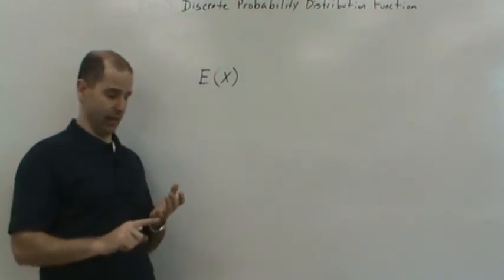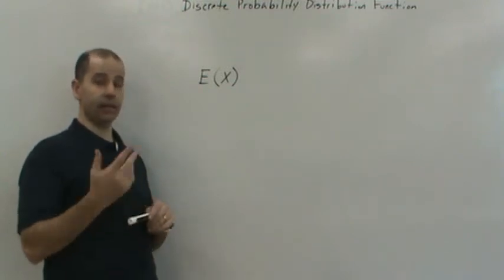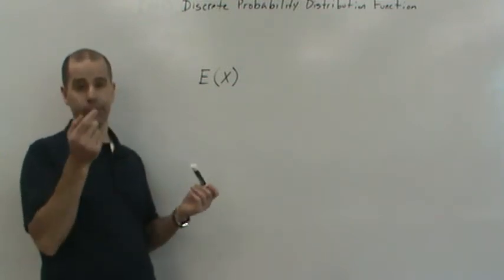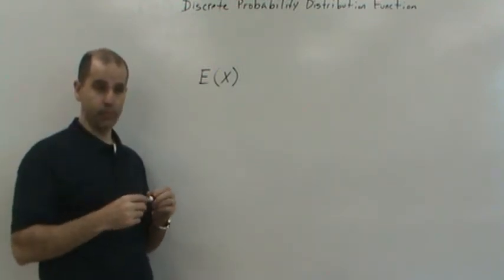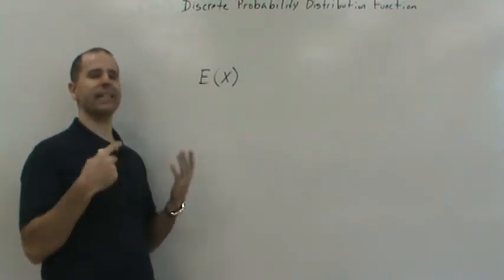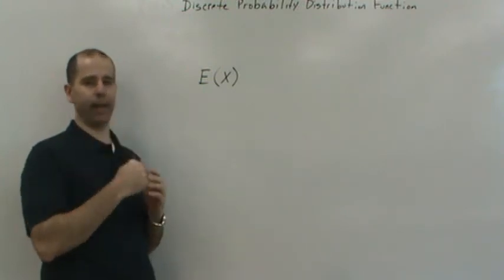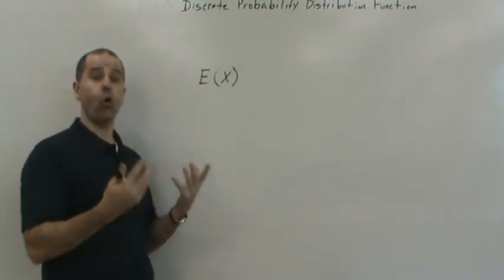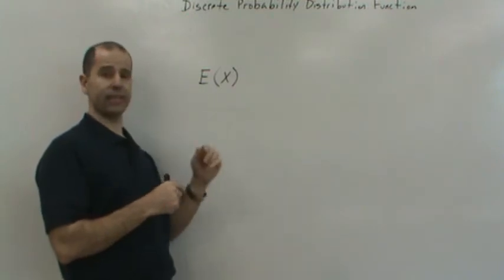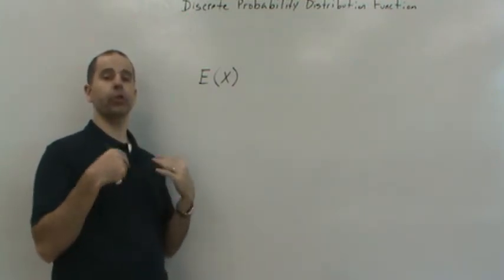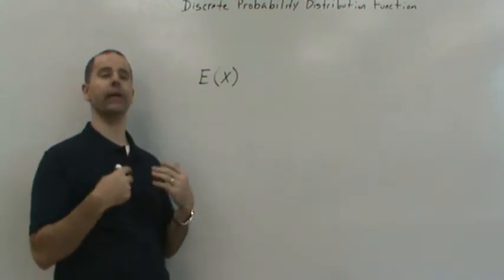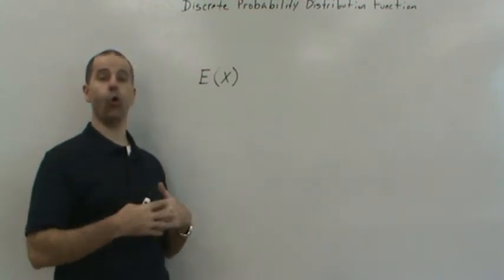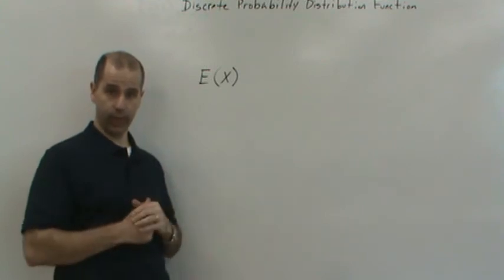In business, in the social sciences, in life insurance, any type of insurance, and also games of chance, casinos. Because we're always interested in what's the expected outcome. What should we expect if we did this over and over again? So what comes with this is the idea that we're doing this over and over again. It's an average, right? The expected value is what do we expect to happen overall on average, okay?